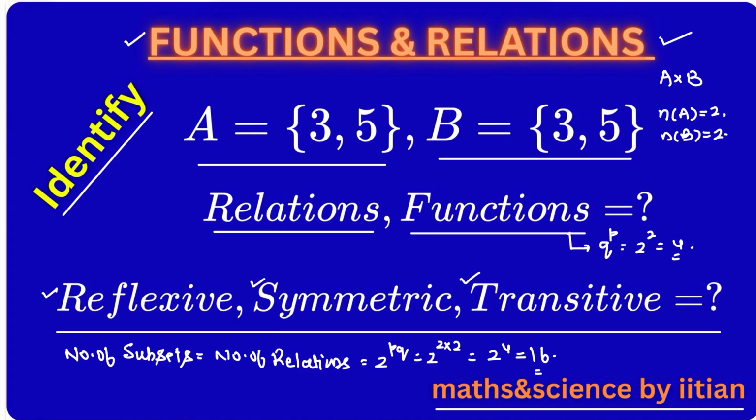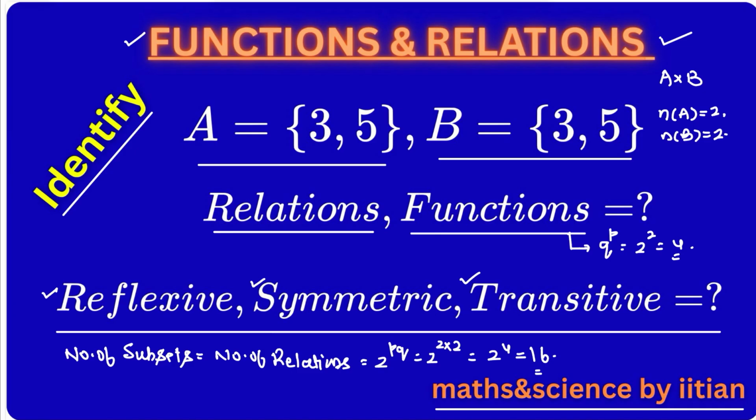We can develop A cross B, that is the Cartesian product of A into B, and we can develop the subsets of relations, and from that we can identify the functions. Till this time we have done those activities already in the previous lectures. Please see the previous lectures on functions and relations for understanding better.